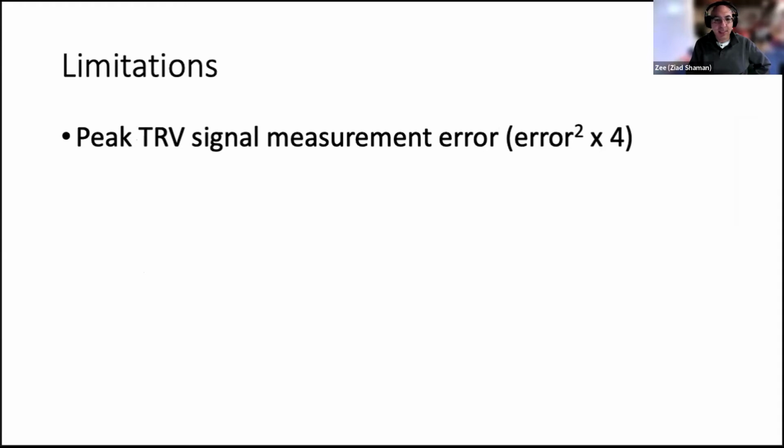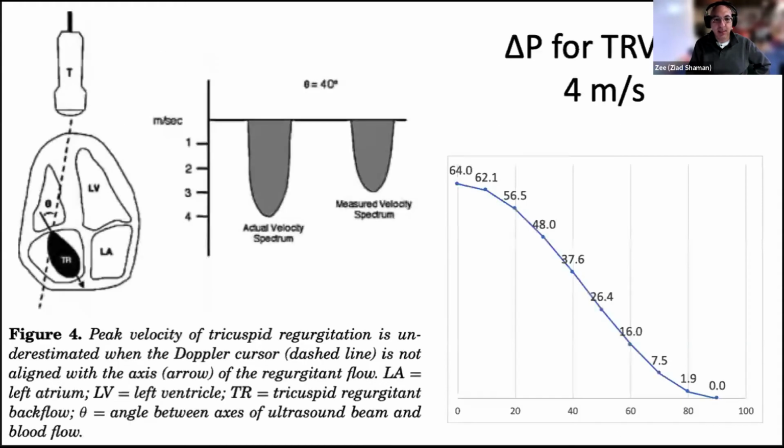What does that mean practically? It means if you have someone with a jet velocity of, say, 4 meters per second, and you square that and then multiply it by 4, you're going to end up with a 64 millimeters of mercury PA pressure, if you're exactly in line with that jet.